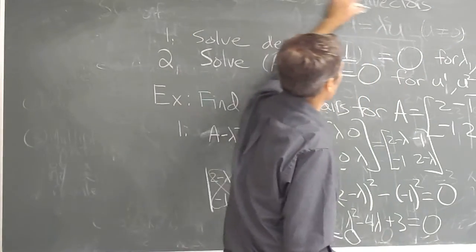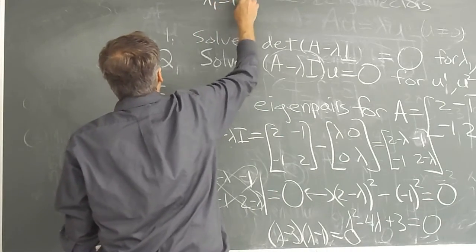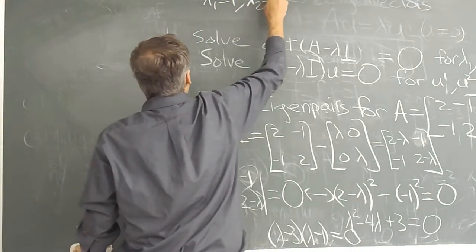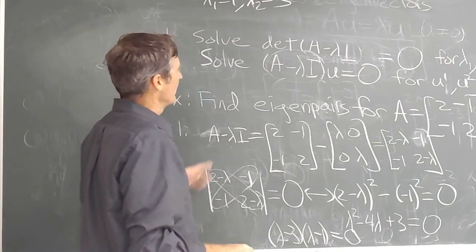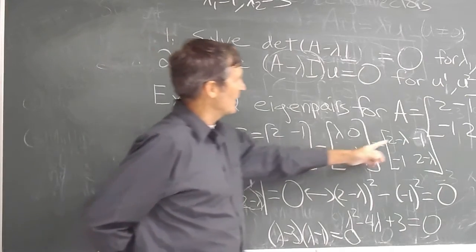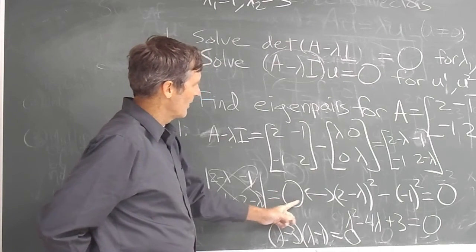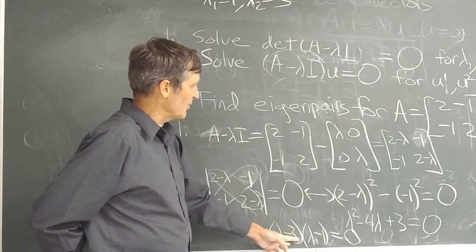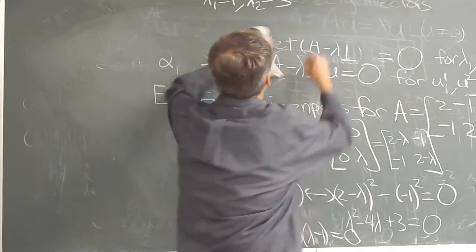Lambda can be 1 and lambda can be 3. Those are the eigenvalues of the matrix. Here's how you solve them: you take the matrix minus lambda on each diagonal element, determinant equals 0, and just solve the easy polynomial equation that results. That gives you the eigenvalues.